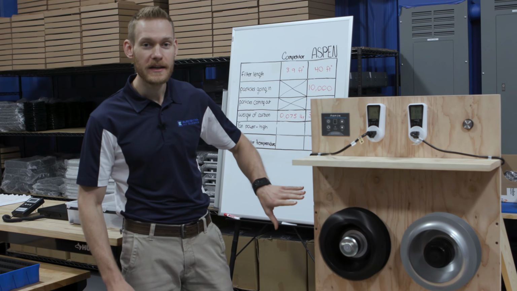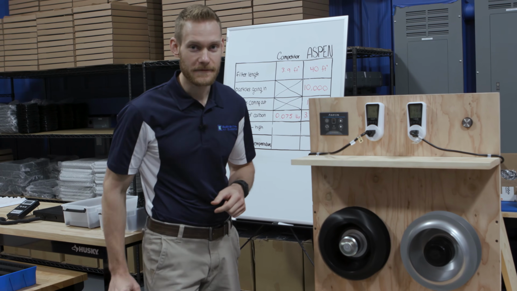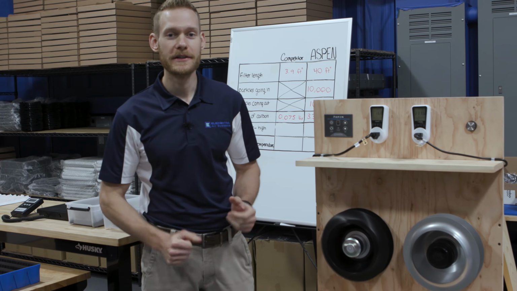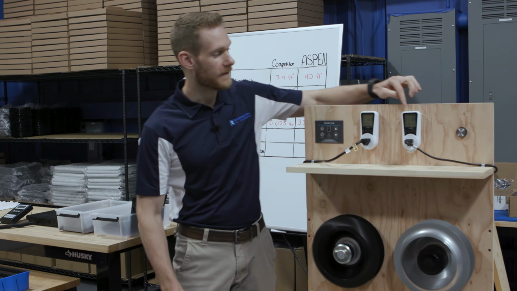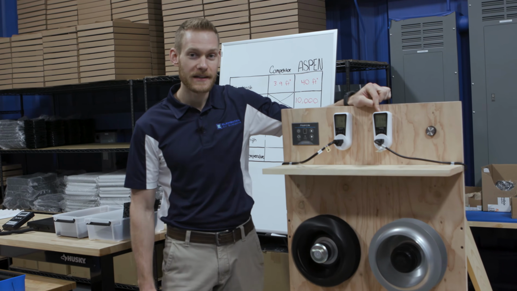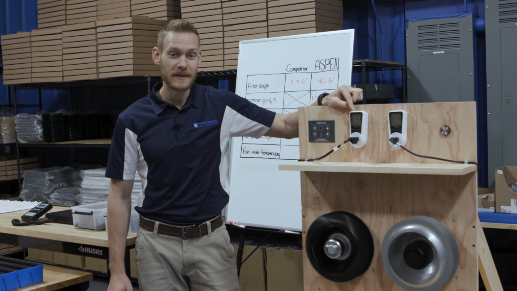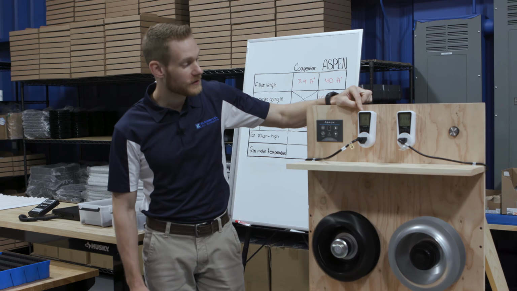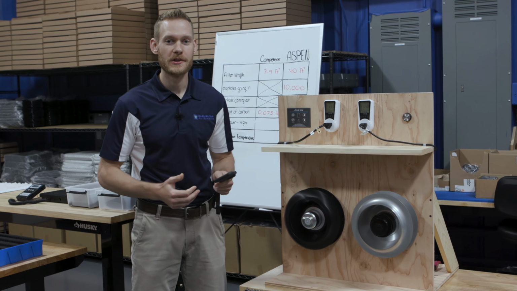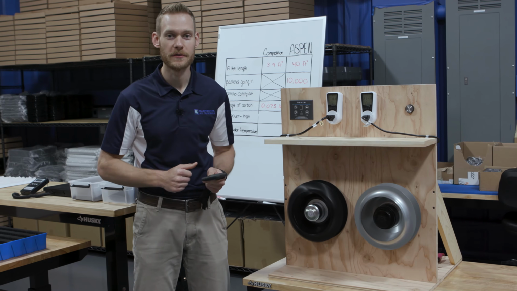This is Aspen's EC fan on the left, and this is a traditional AC fan that's in most other units on the right. Now let's take a look at how much power each of these fans is using. So we have these power meters attached to these fans, and the AC fan is currently using about 240 watts. Aspen's EC fan is using less than 17 watts. So here we have a thermal imaging camera, and we're gonna measure how much heat each of these fan motors is producing.